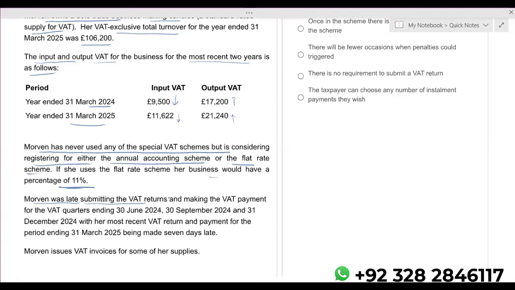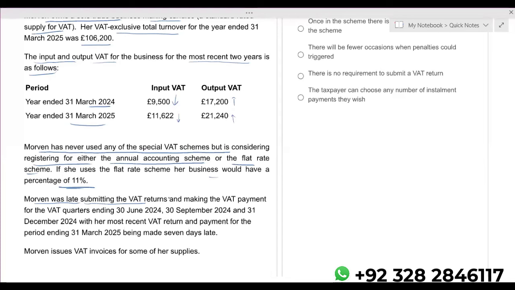Repeat. Each time when you are submitting a VAT return late, you're getting one penalty point. Once the penalty point score reaches 4, meaning 4 returns you have submitted late, then this will be the first occasion you will be paying a £200 penalty.